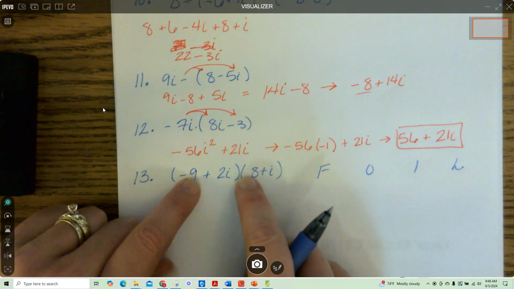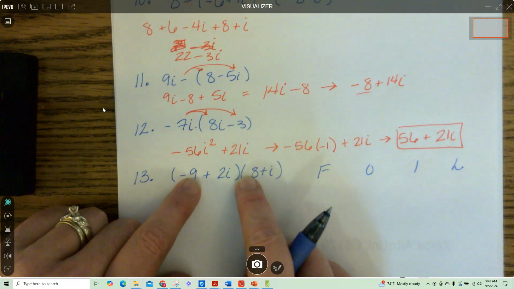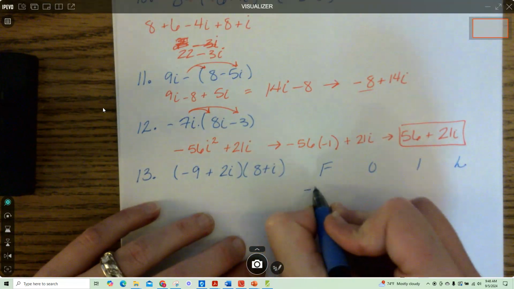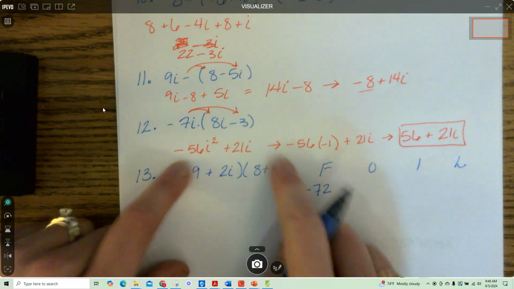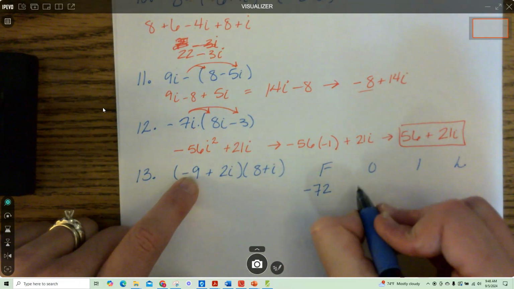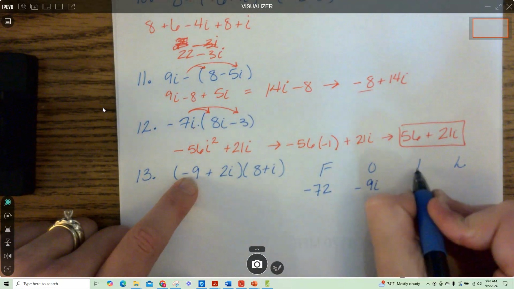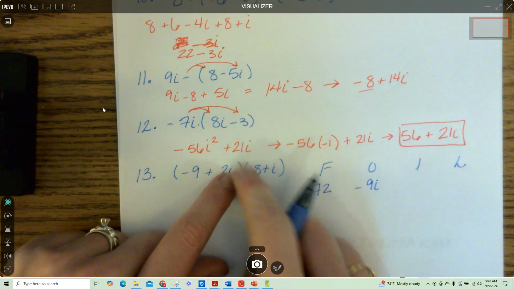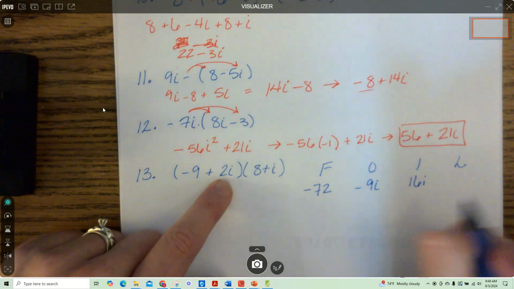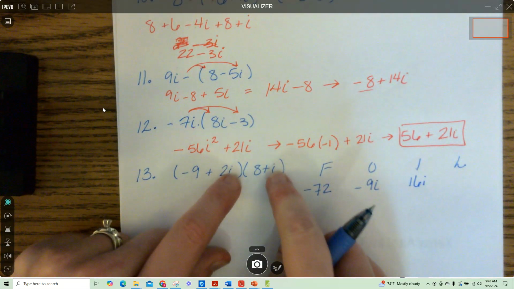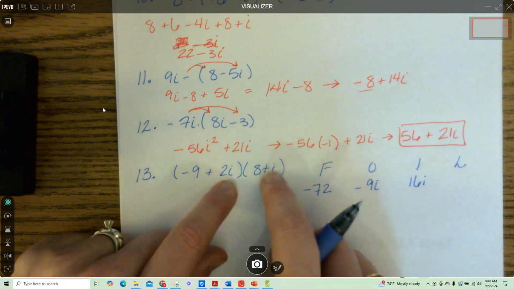So negative 9 times 8 is negative 72. Outside are the outside parentheses. Negative 9 times i is negative 9i. Inside are the inside two parentheses. So 2i times 8 is 16i. And then last are the last two pieces in the set of parentheses.